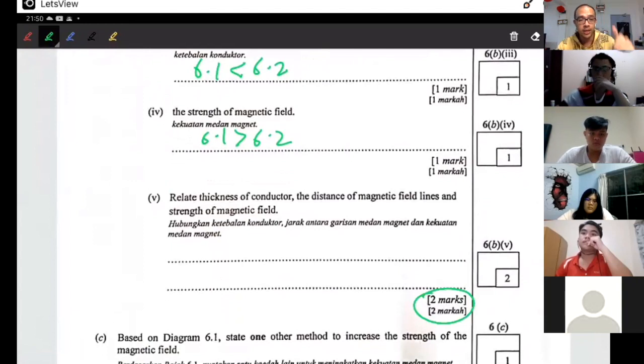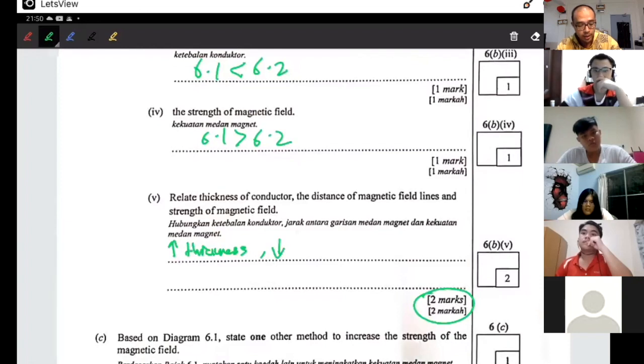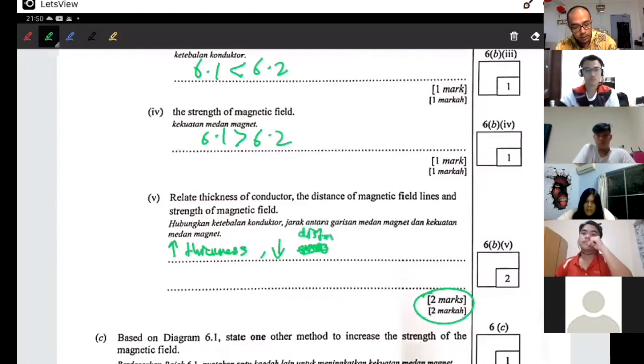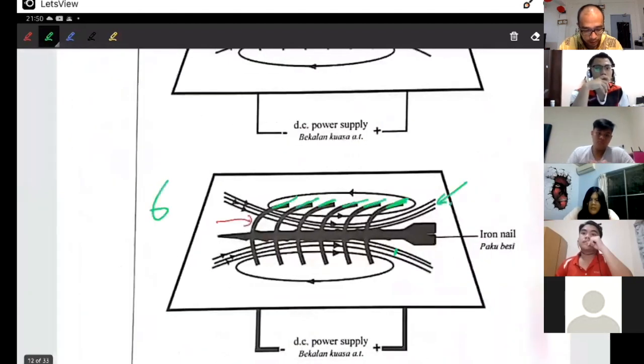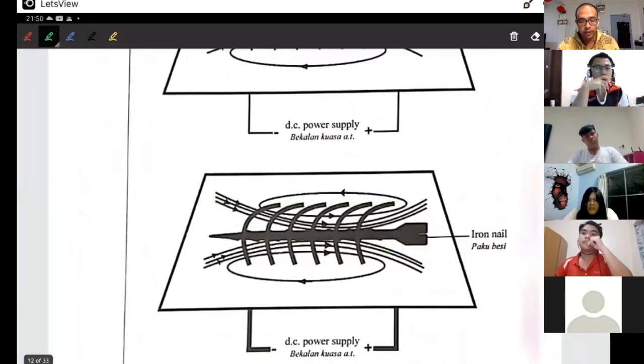Actually this is quite easy. The bigger the thickness, the smaller the distance of the magnetic field lines. Right? The thicker one has the nearer distance. Okay, correct.